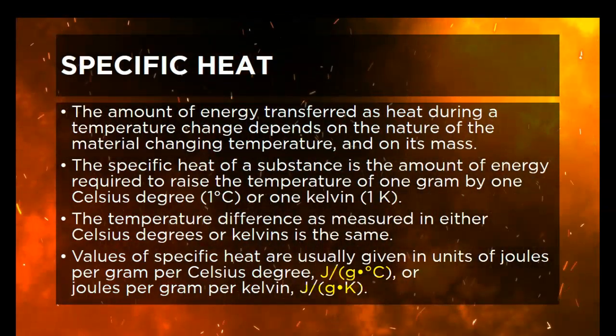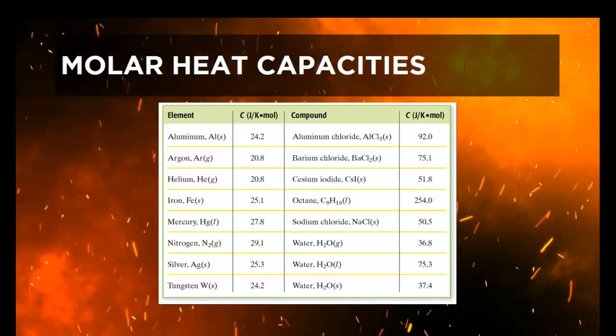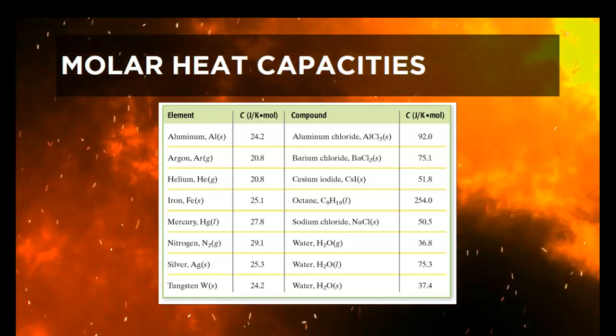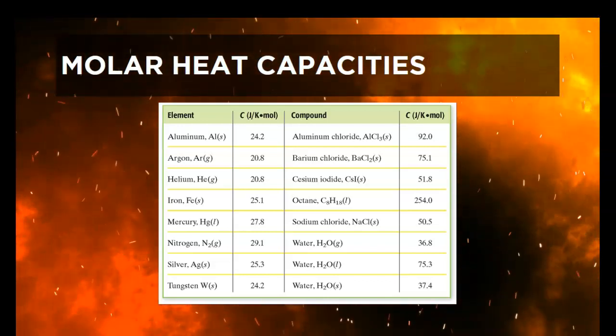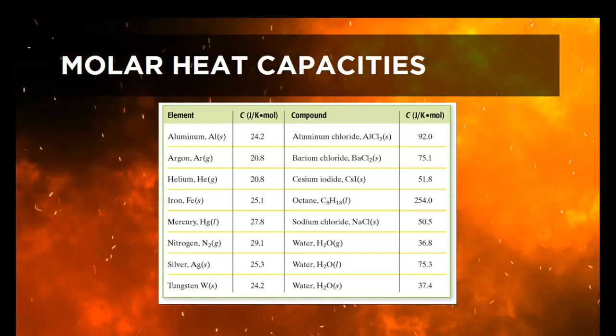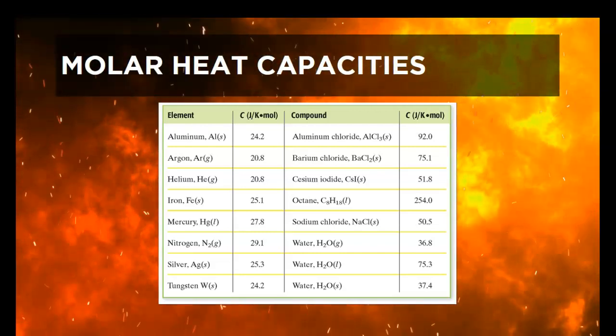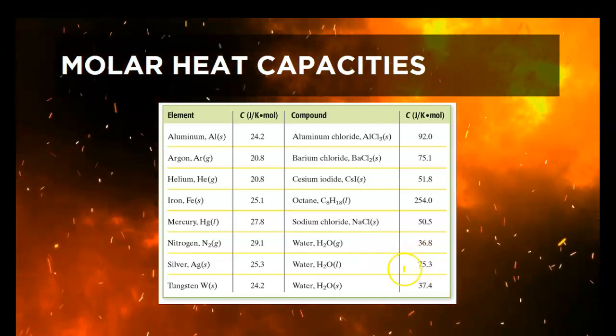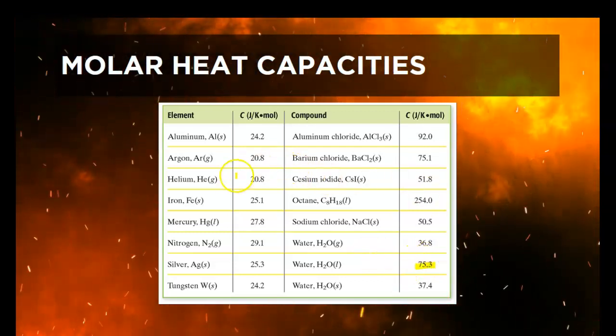We have a chart or a table that has those values, and in fact, on the next slide, you can see these ones are given in joules per Kelvin times mole rather than grams. But aluminum, you see, it has 24.2, a lower specific heat, and something like water in its liquid state has about 3 times that much at 75.